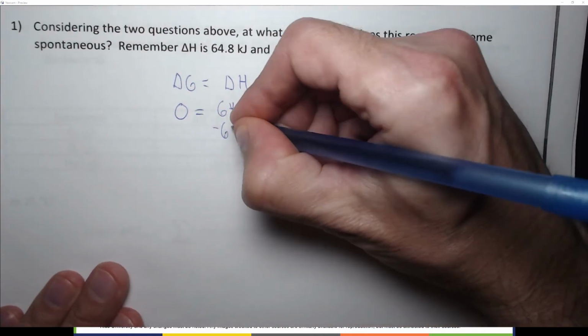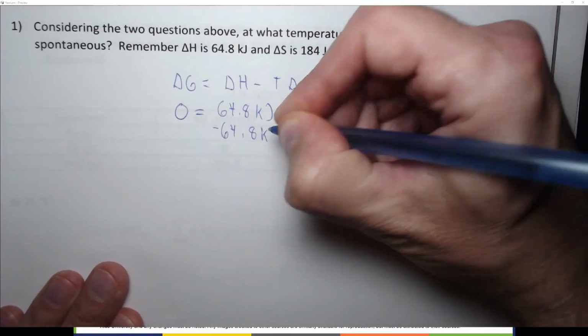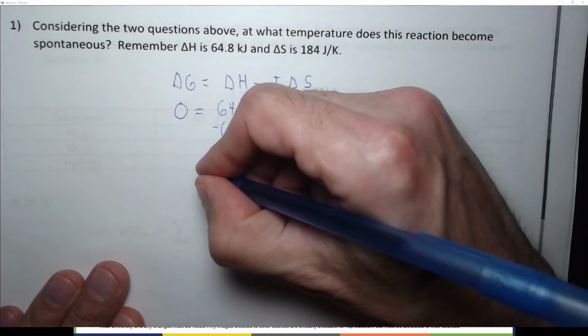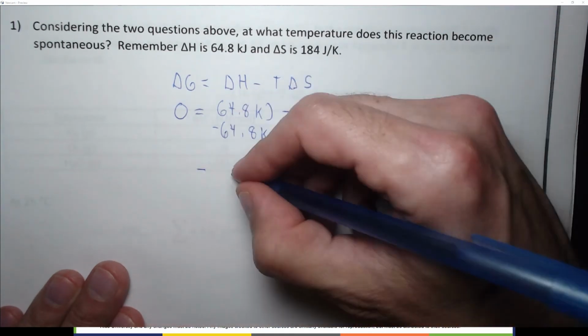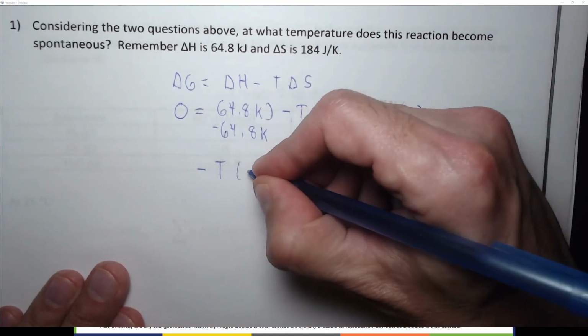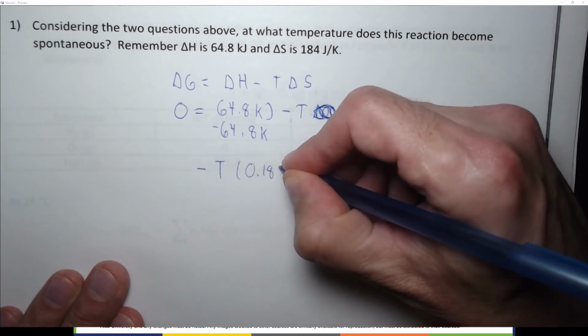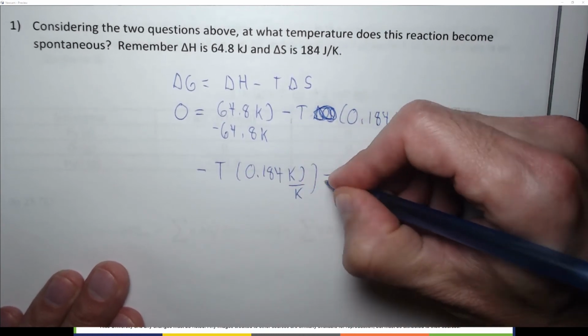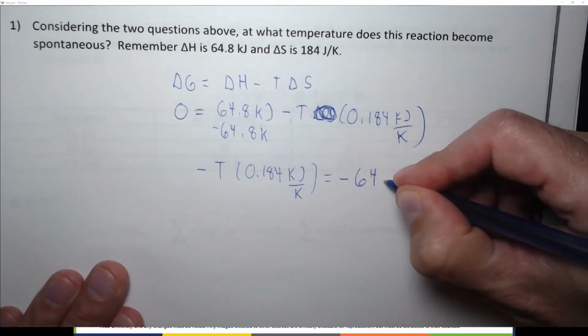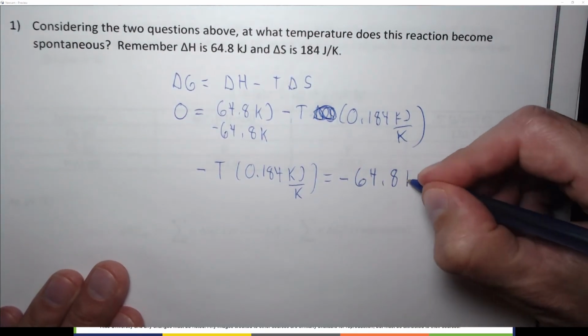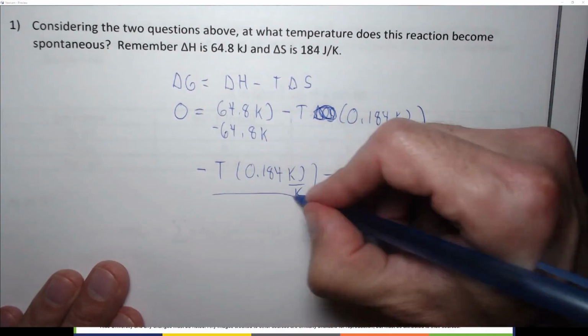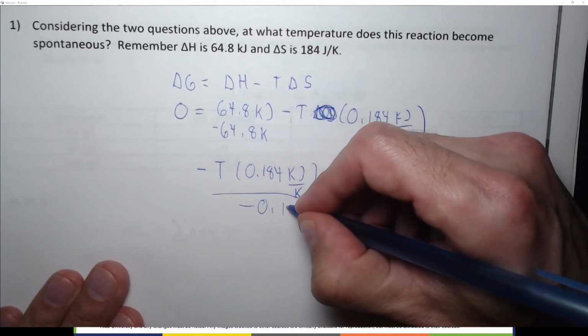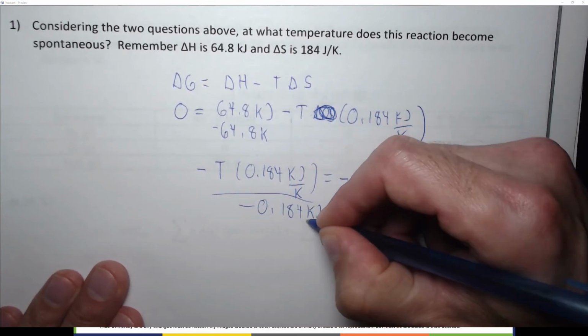So subtract 64.8 kilojoules. And what we end up with is negative, I'm just going to switch this to the other side, minus T times 0.184 kilojoules per K equals negative 64.8 kilojoules. Now divide by negative 0.184 kilojoules per K.